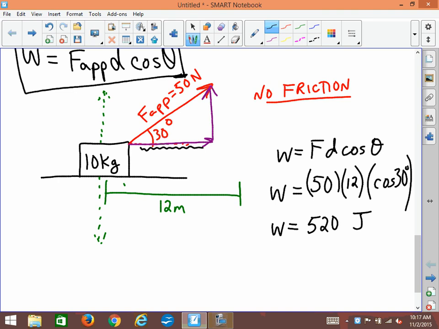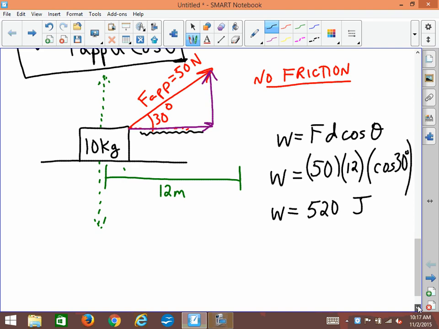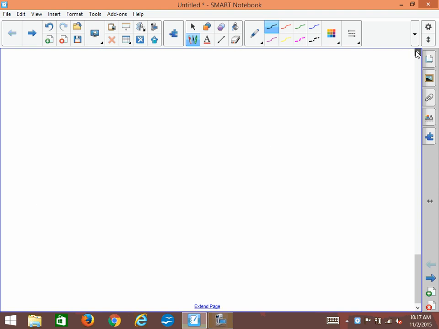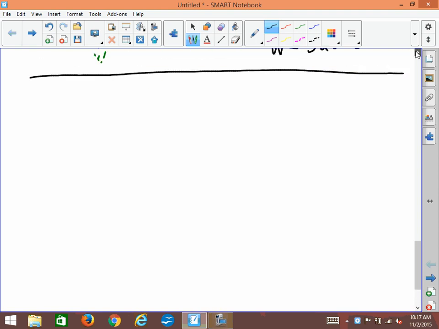All right. Now, interestingly enough, if we do the same picture, the same situation, but we include friction this time, let's look at how it changes. So let's start again. Here's the box. What was its mass? 10 kilograms? Good, 10 kilograms.